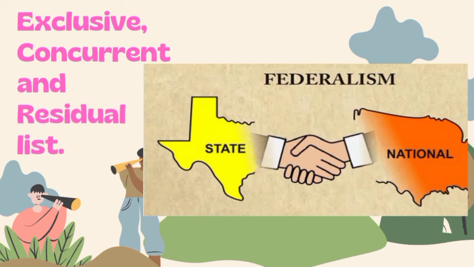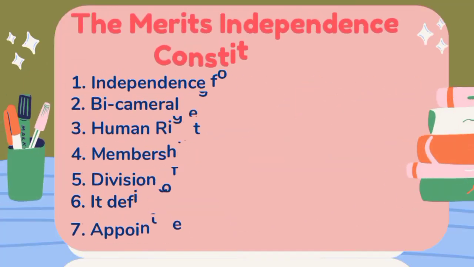Also, there was a constitutional division of powers. The Constitution divided the legislative powers of the government into three lists: exclusive, concurrent, and residual. For example, only the central government could make laws through the parliament on issues listed under the exclusive legislative list.